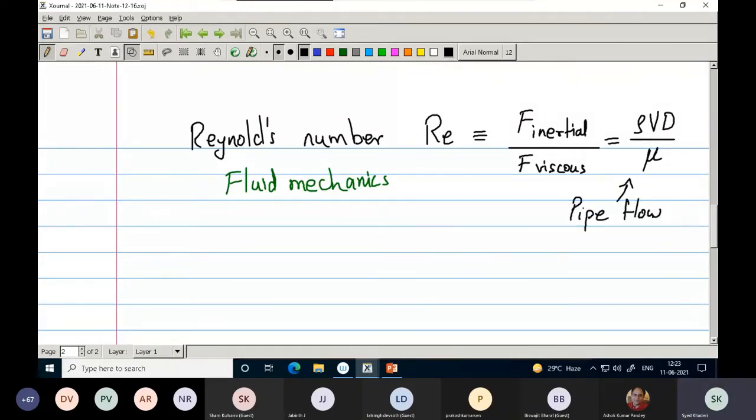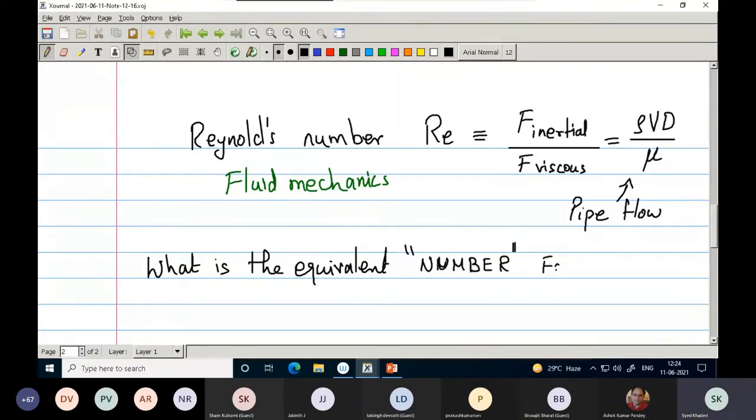Now the question is, what is the equivalent number for solid mechanics problems? That is what we have to find out.